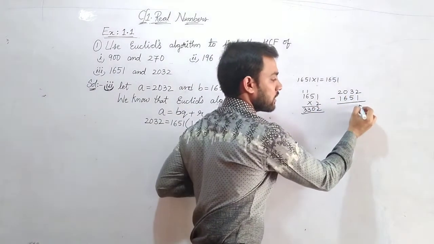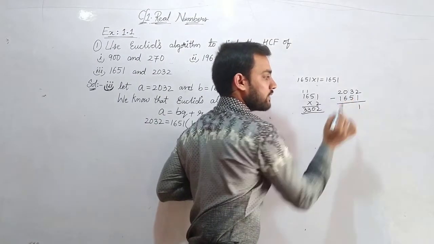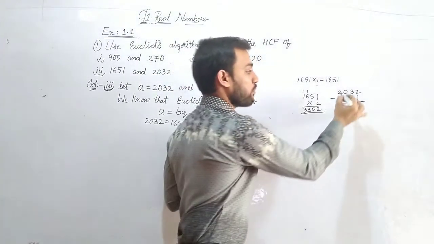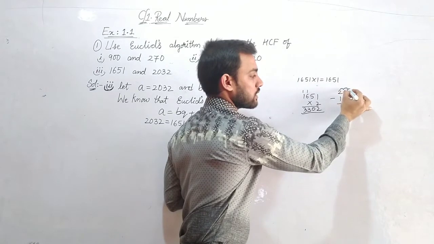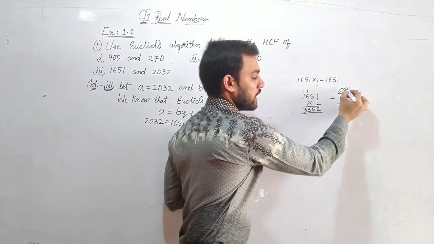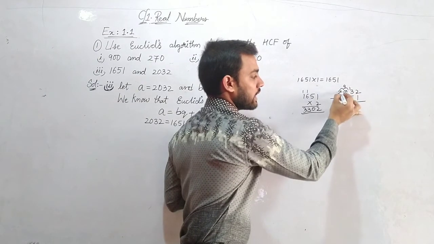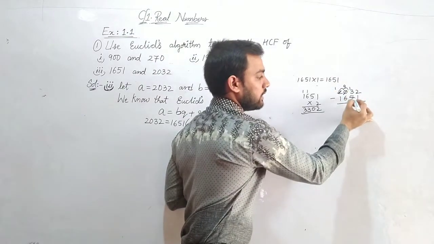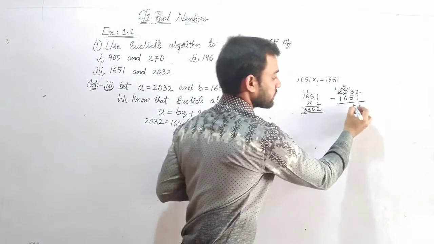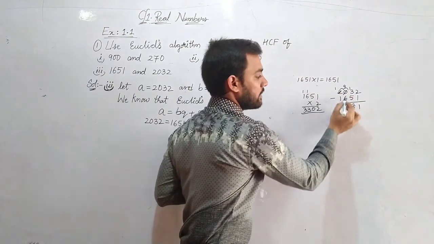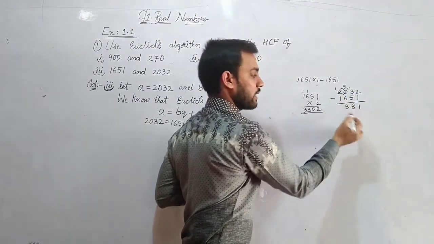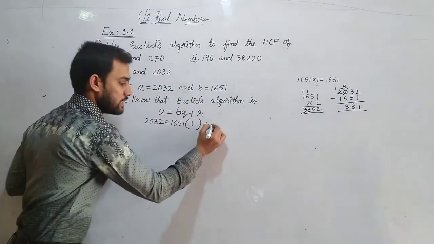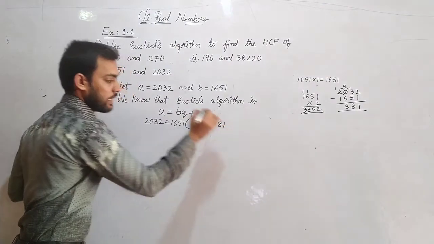So 2 minus 1 is 1. 3 minus 5 is not possible, so you need to borrow from 2 onwards. So here you will get 13, here you will have 9 now, and here you will have 1. 13 minus 5 is 8. And 9 minus 6 is 3. 1 minus 1 is 0. So your remainder is 381.